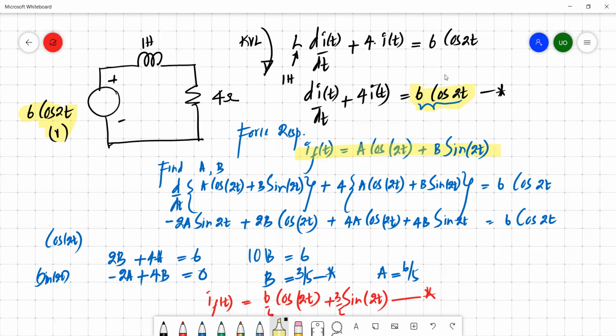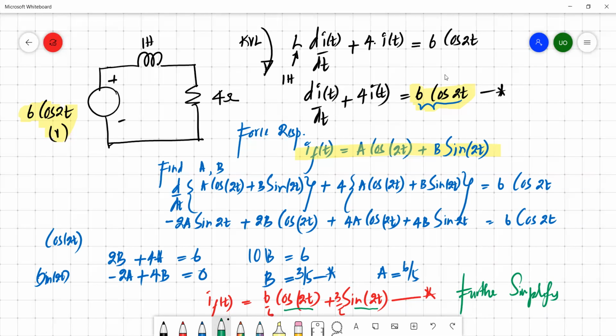If you want, you can further simplify this one. Because we have a cos function and a sine function, you can represent this in the cos A cos B plus sine A sine B format. Isn't it?